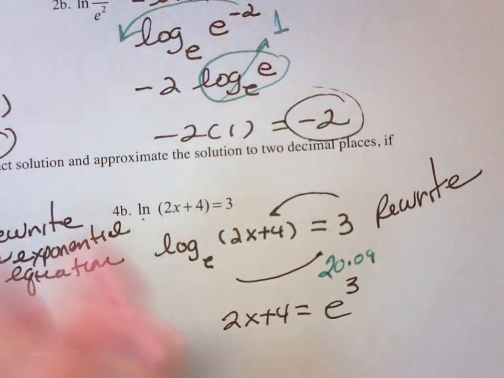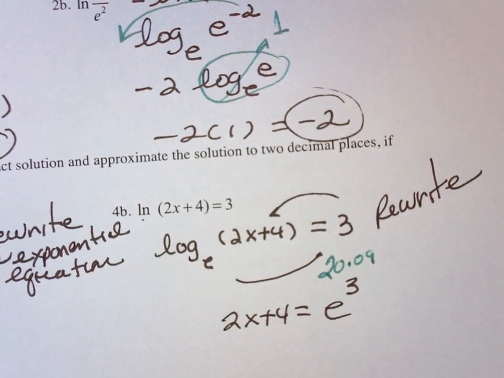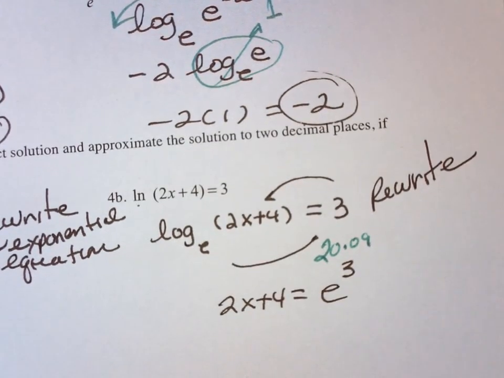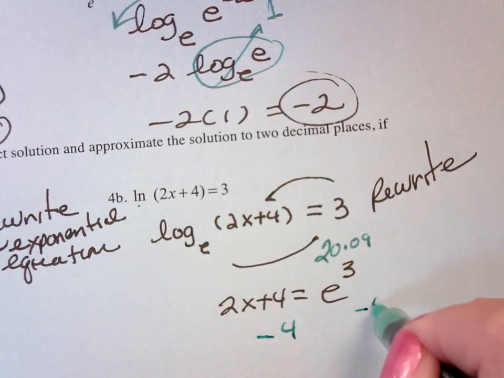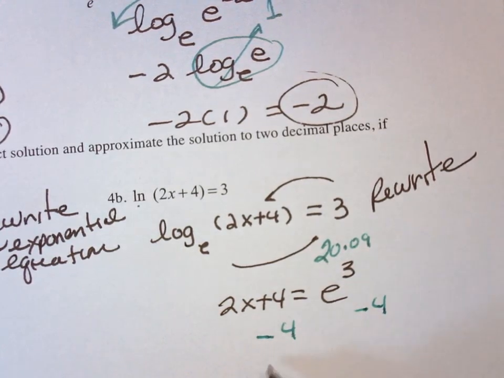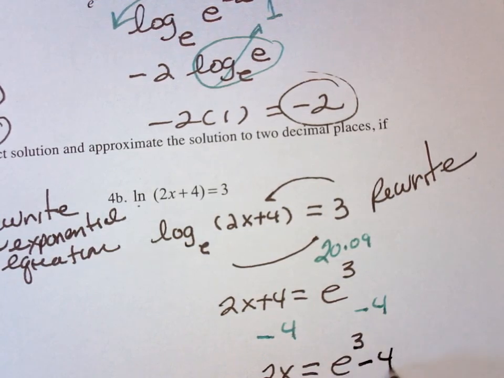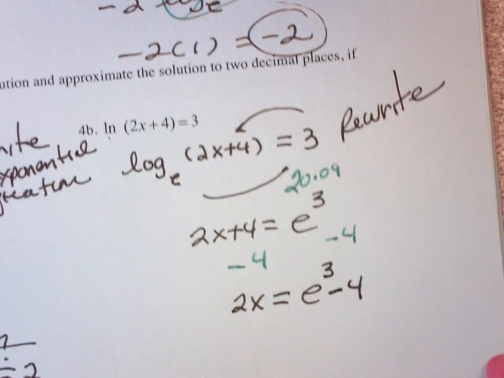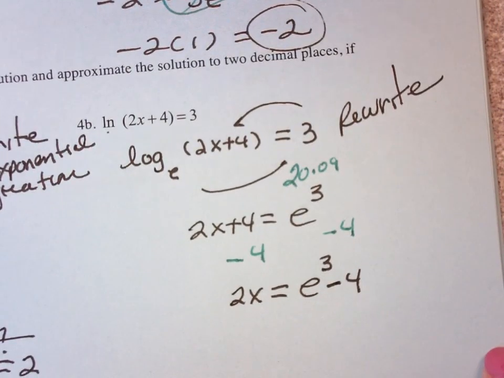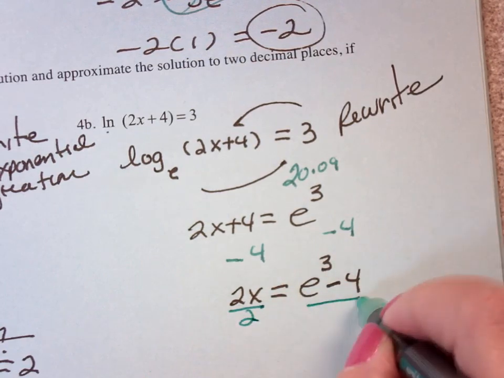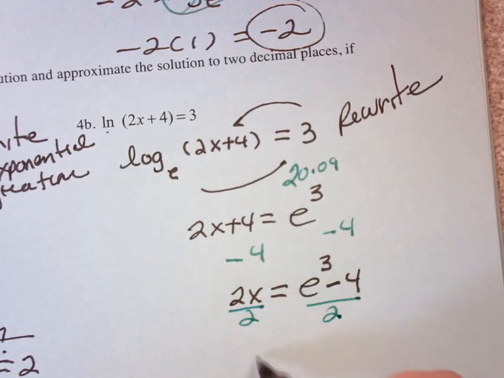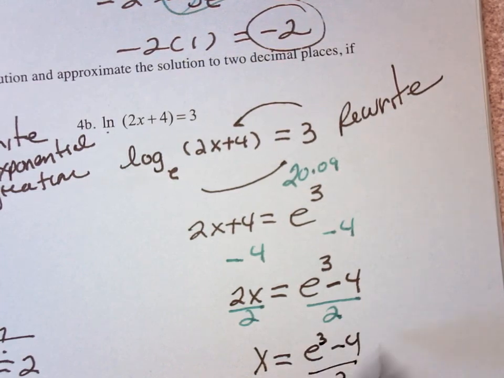But I'm going to leave it as e cubed, because it's just a number. So solving for x, I'm going to subtract 4 from both sides, so that 2x equals e cubed minus 4. Divide both sides by 2 to solve for x, or x equals e cubed minus 4 over 2.